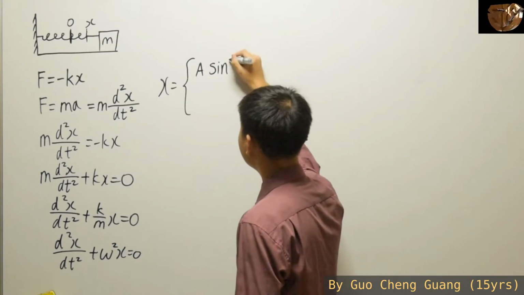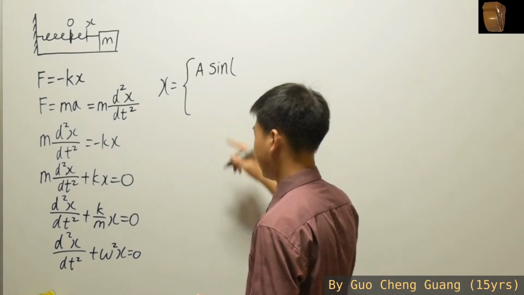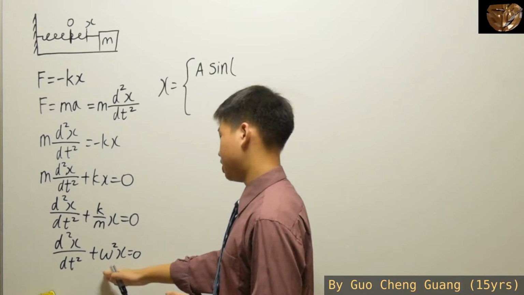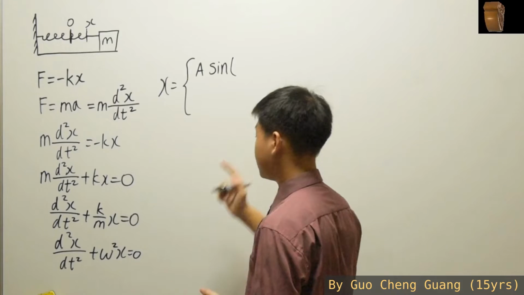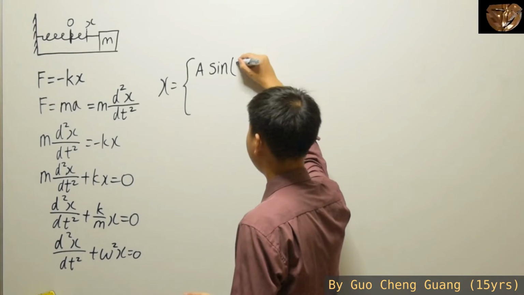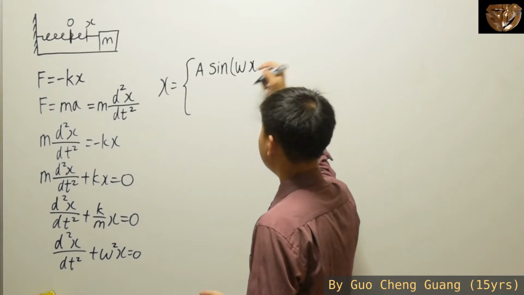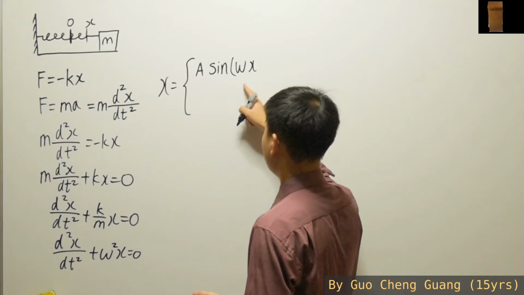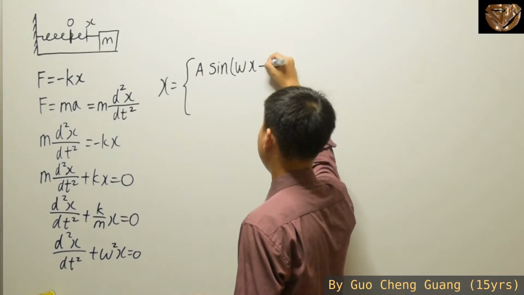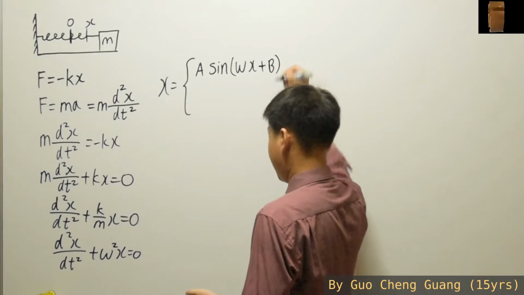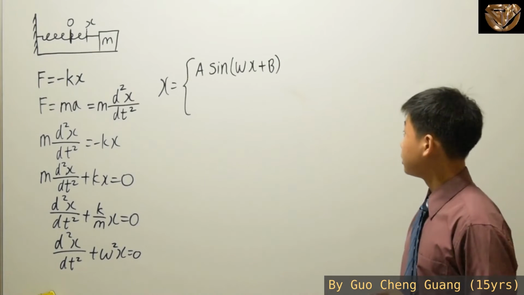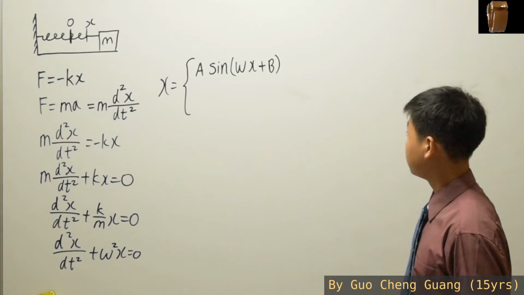So if you just have sine x, that wouldn't be right, since you have an omega square here. But second derivative, that means you will have omega inside here. So a sine omega x, and then you can plus, let's say, b or something, since this wouldn't really matter.